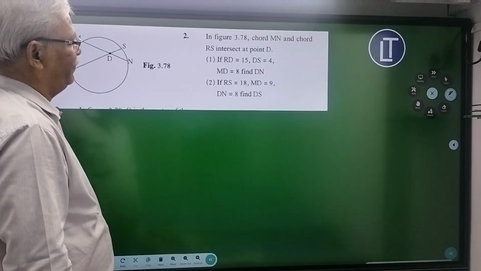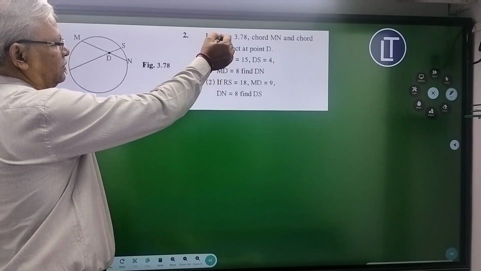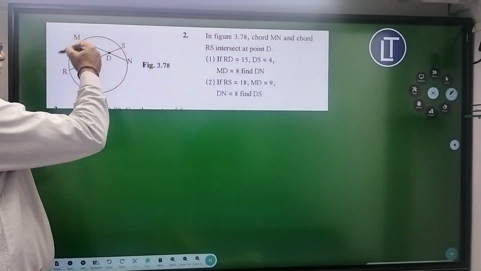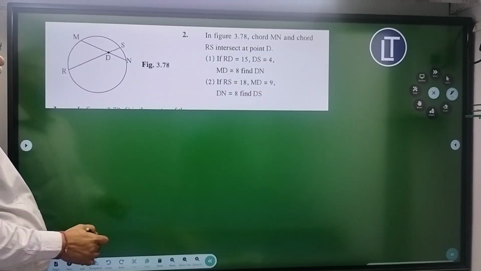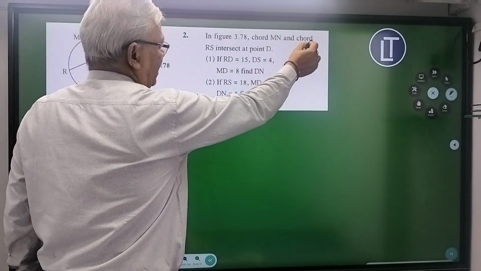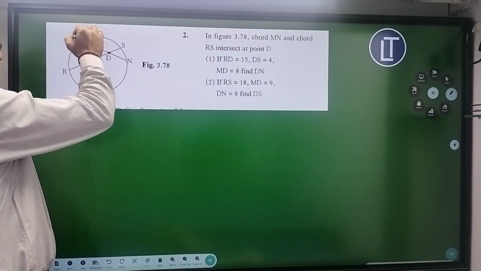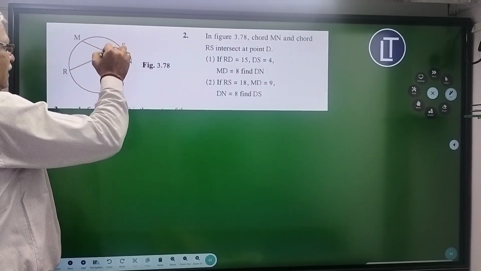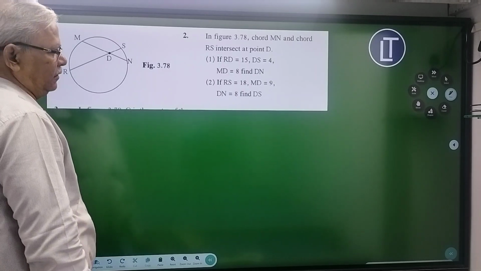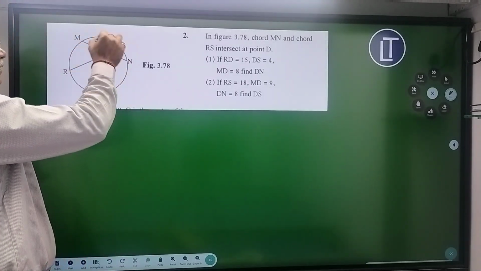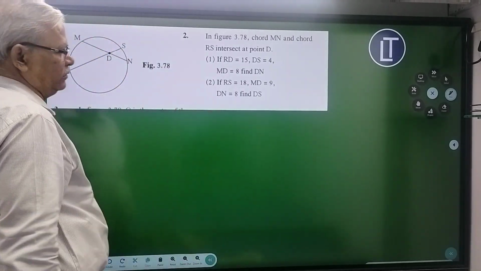In figure 3.78, chord MN and chord RS intersect at D. Means that is the internal division of chord.